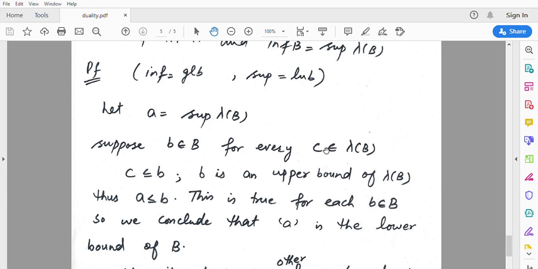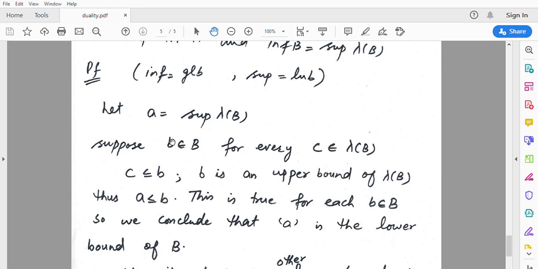Why? Because lambda of B is actually the class of lower bounds, and when an element belongs to this class of lower bounds, it means that this element is less than or equal to every single element of this B.